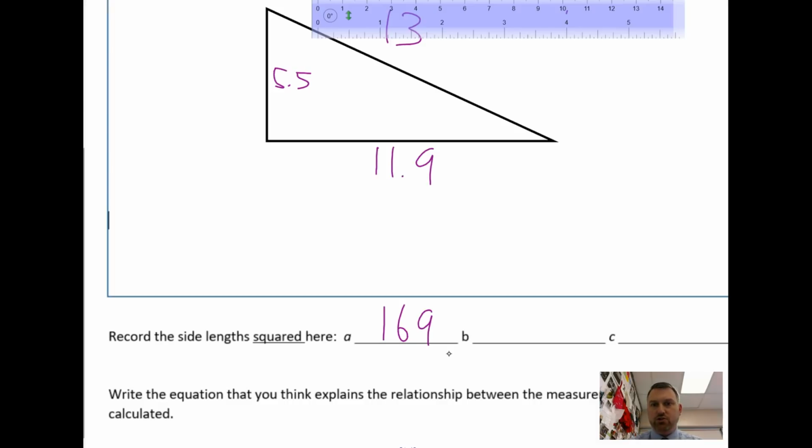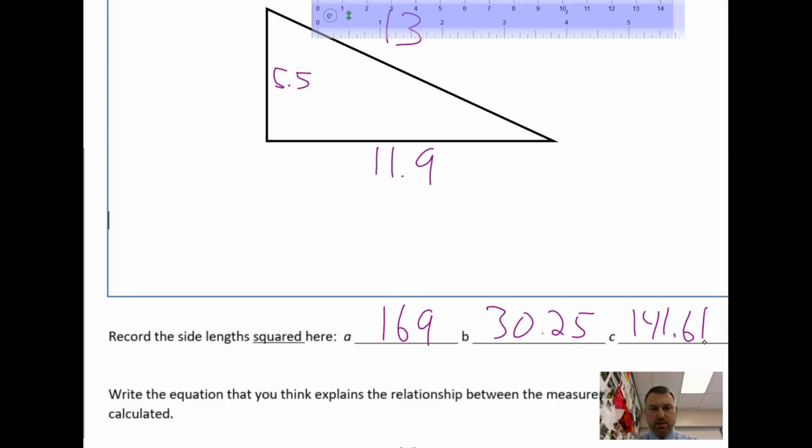You have made your own triangle, so don't make it just like that. Just make sure it's a right triangle, and use your ruler so it's nice and crisp. The other one here is 11.9 squared, which is 141.61.